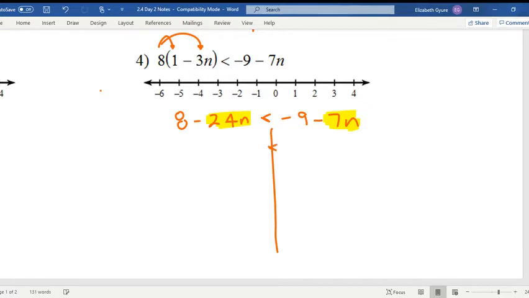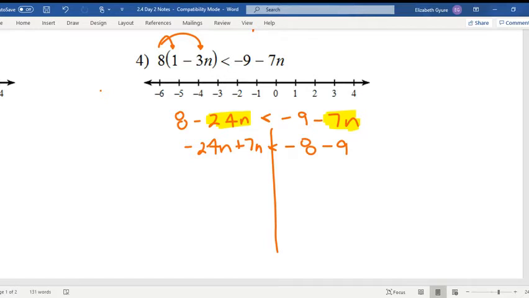Needs to go and make it a negative. Good. What about that -24? It does stay. And then what about the -9? It stays. And what about the -7n? It goes and becomes a positive.